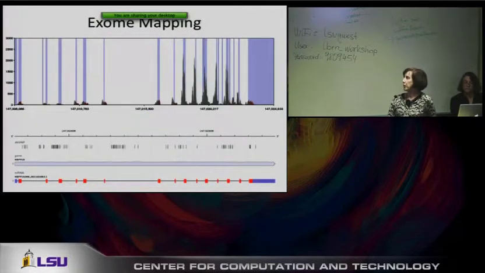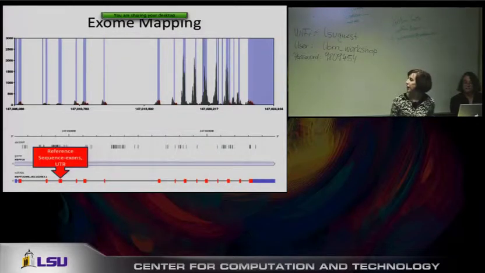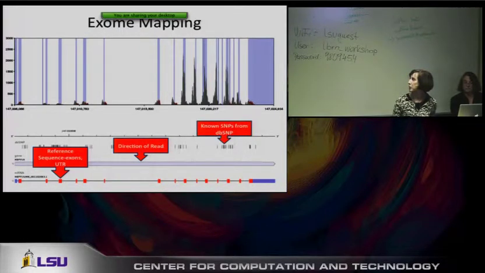This is an example of exome mapping. So at the bottom we see a reference sequence, and it shows our exons and the location of the untranslated region. Then we see the direction of the read for that particular gene. We see the known SNPs from the dbSNP database. We see the chromosome location.